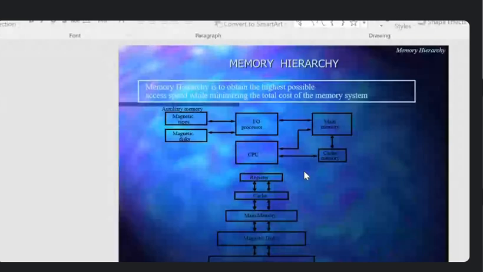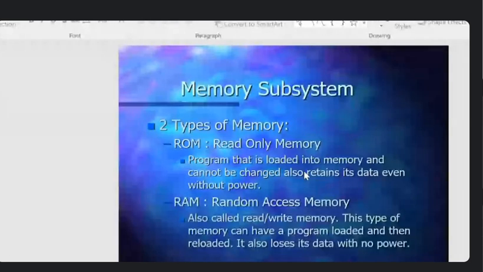So in terms of memory subsystem, we have two types. For the read-only memory, the programs that are loaded into memory cannot be changed, and it retains the data even without power. This is permanent memory. This is basically for programs.